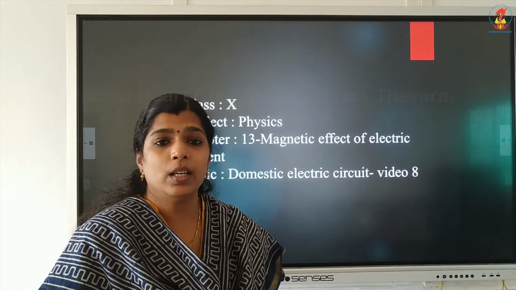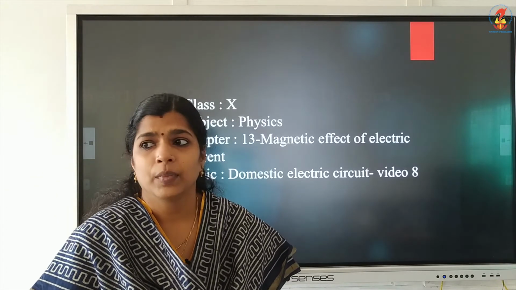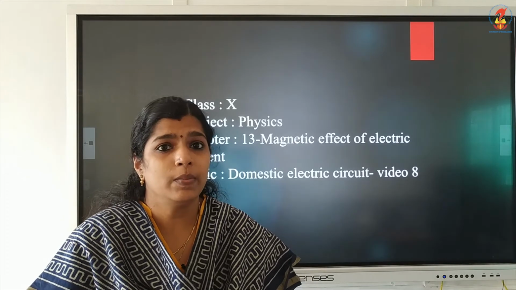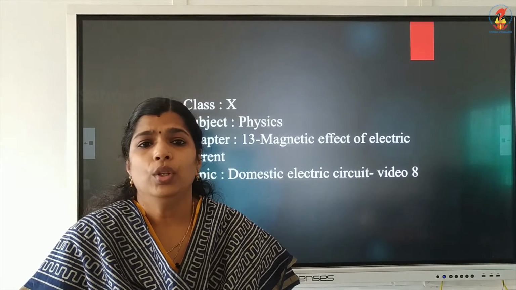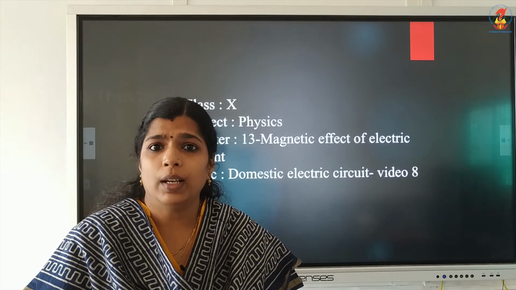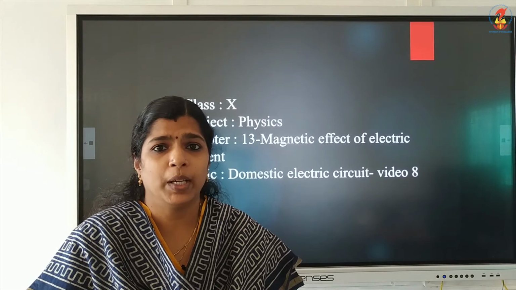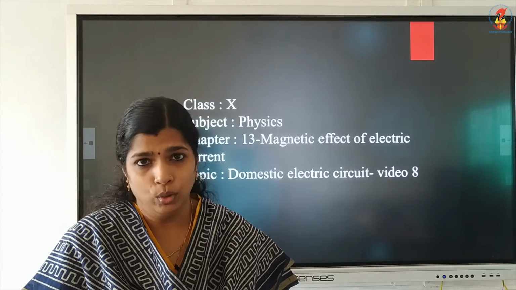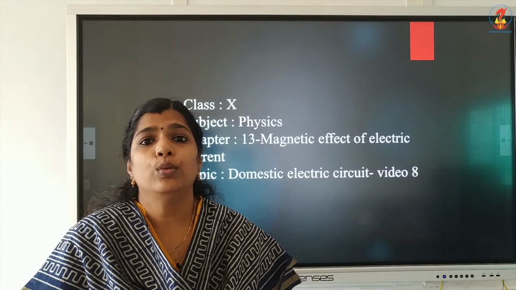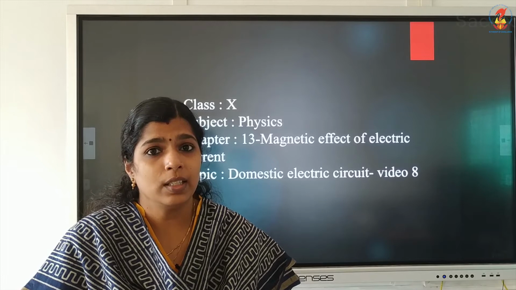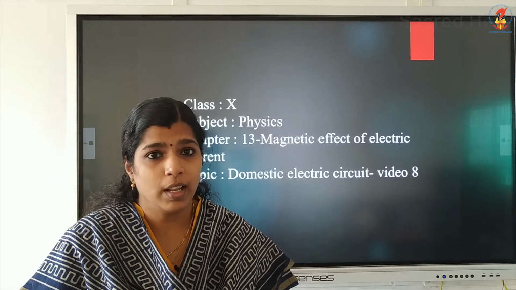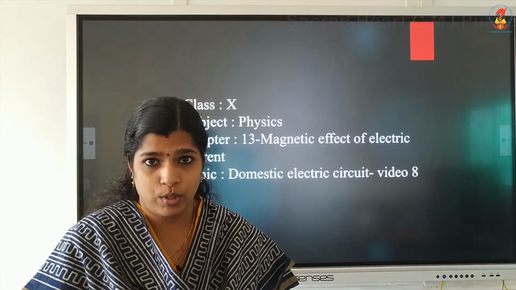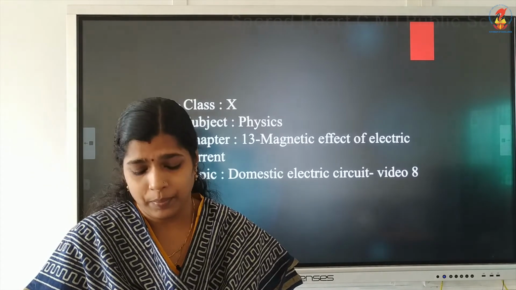Actually, the electrical energy is generated at power stations, and that energy will be transmitted through overhead power lines, and it will be received in our home. So, through the mains we will get electrical energy in our house or in a building.